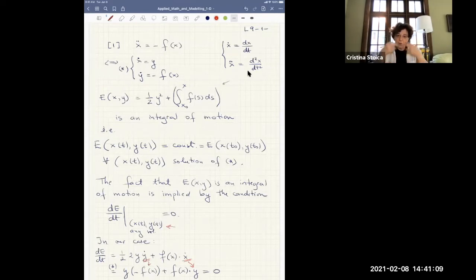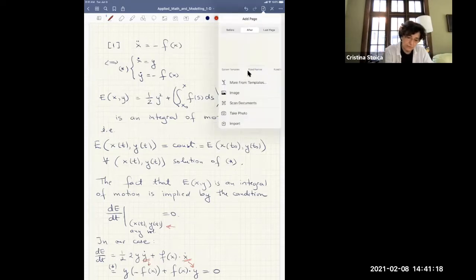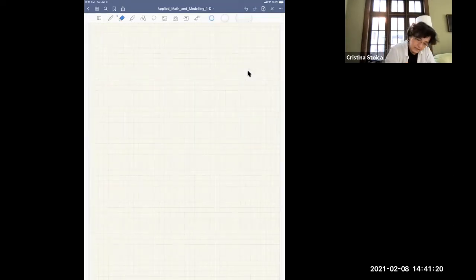So if I have an ODE system, if you want, I can redo this philosophy. I'm going to flip the page. So this is in general for any conserved quantity. I'll make it an observation.